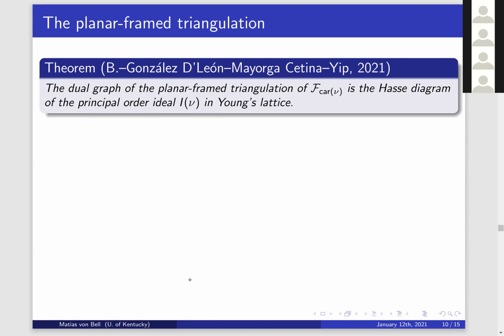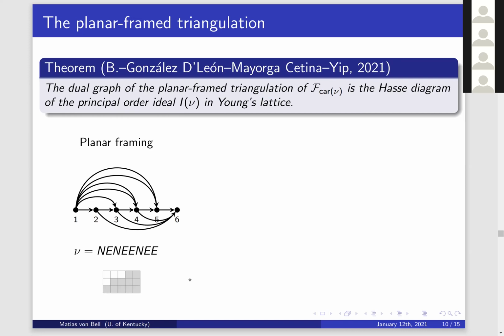And first result is that if we triangulate it with the planar frame triangulation, which I'll tell you in a second what that is, then the dual graph of the triangulation is the Hasse diagram of the principal order ideal generated by Nu in Young's lattice.